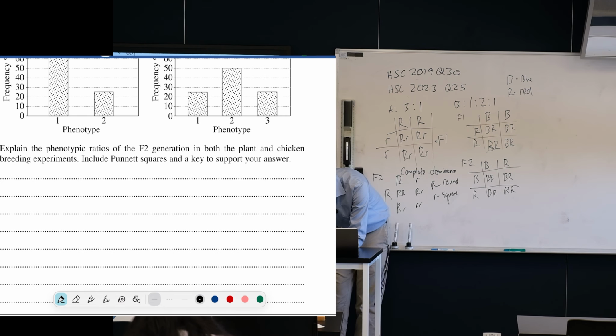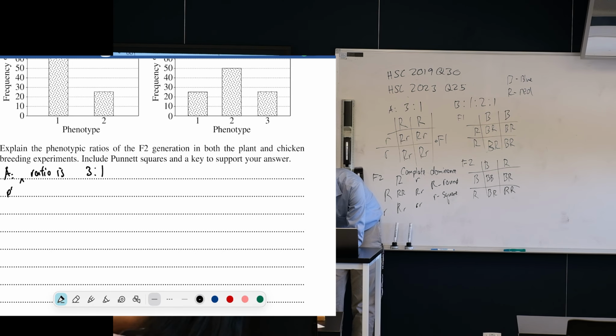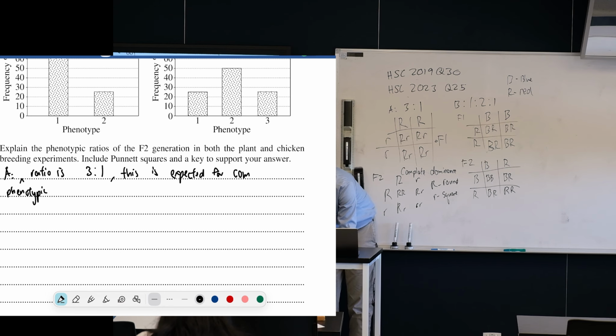So for A, the ratio is 3 to 1. I mentioned phenotypic. This is typical, or this is expected for complete dominance, or a pattern of complete dominance.